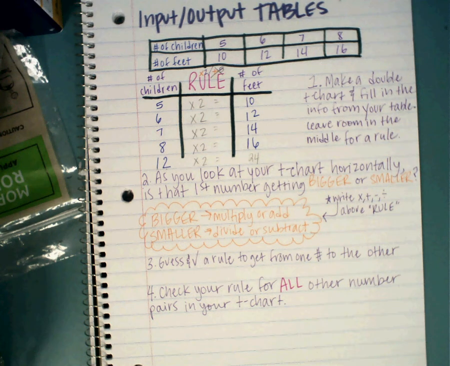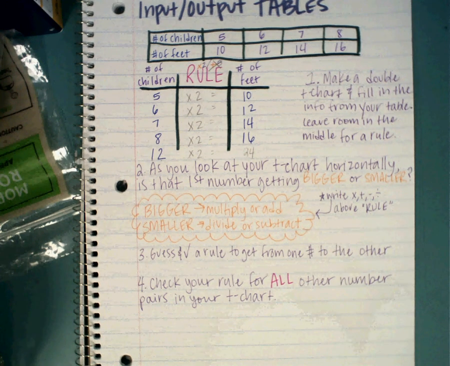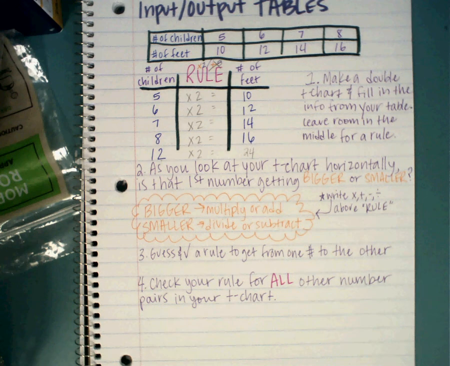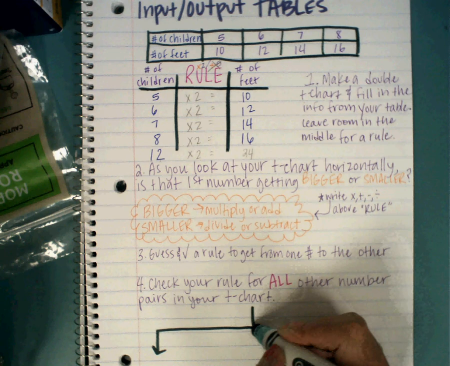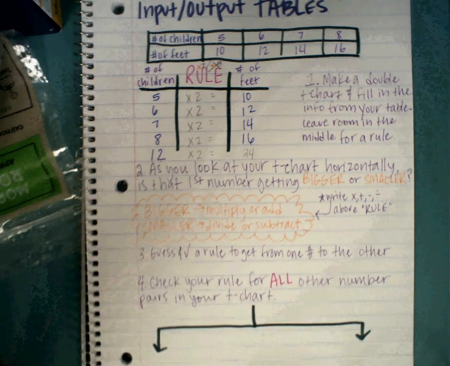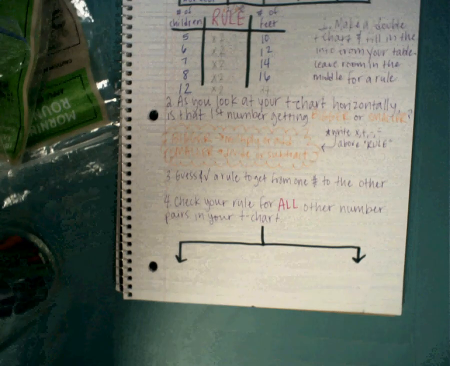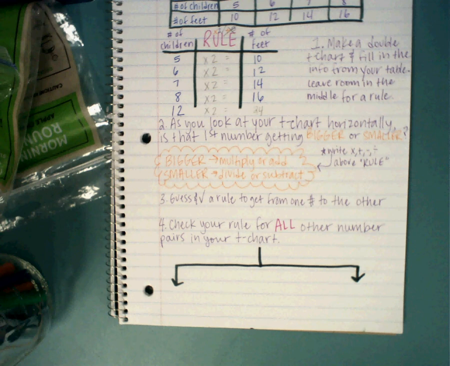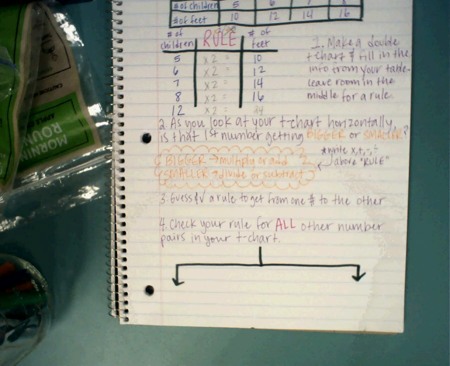Okay? So, when you're checking your rule for all the other numbers in your T-chart, one of 2 things is going to happen. You gotta zoom out a little bit more so we can see the bottom of the journal entry. Here we go. Okay, so one of 2 things is going to happen. First thing is that it works.